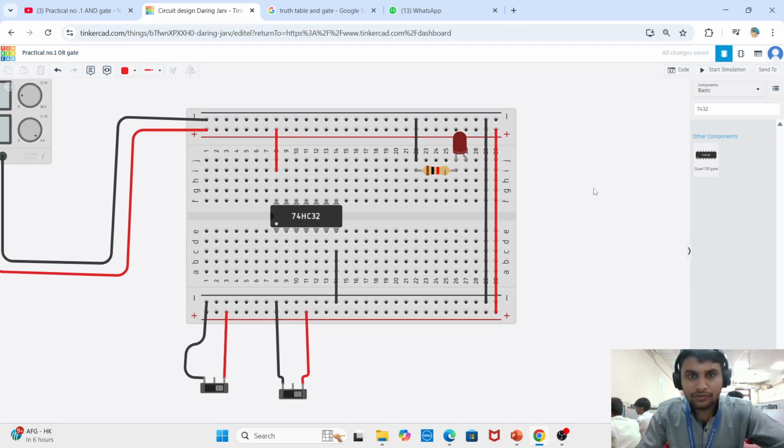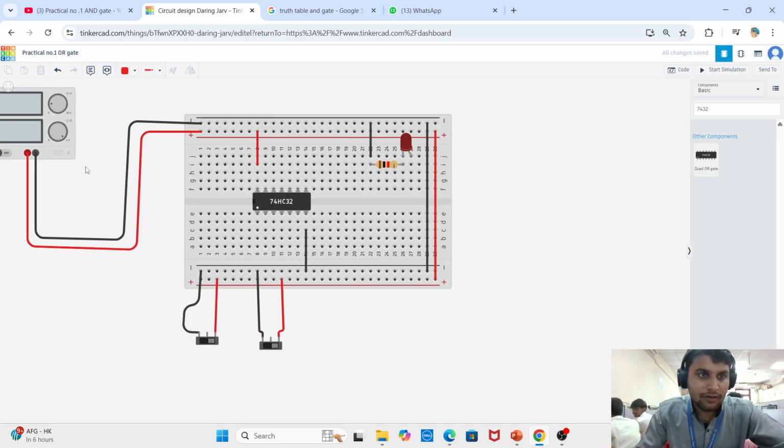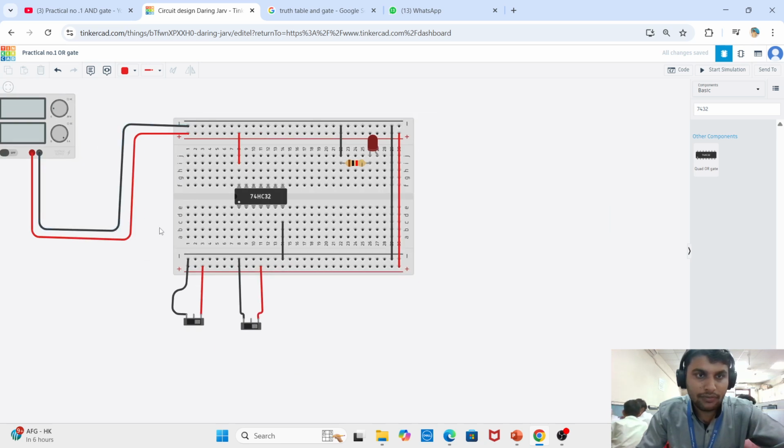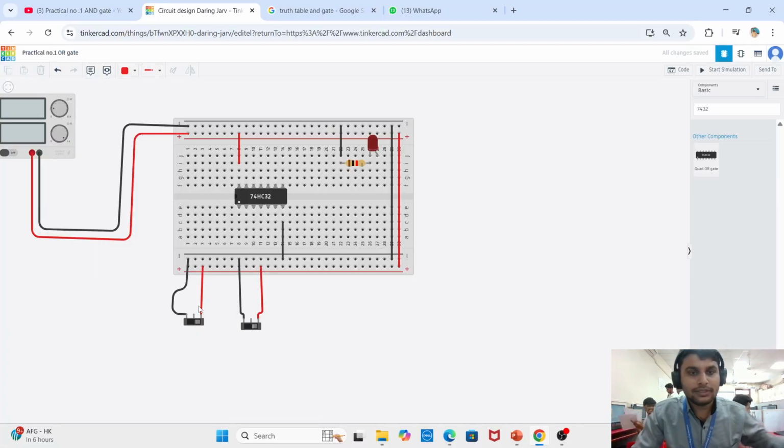So this is our priority: always connect the power supply to the breadboard first. After that, connect the slide switches. The slide switch has two terminals, and we are using only the common wires. The inputs go to pin number one and pin number two, and the output goes to pin number three.